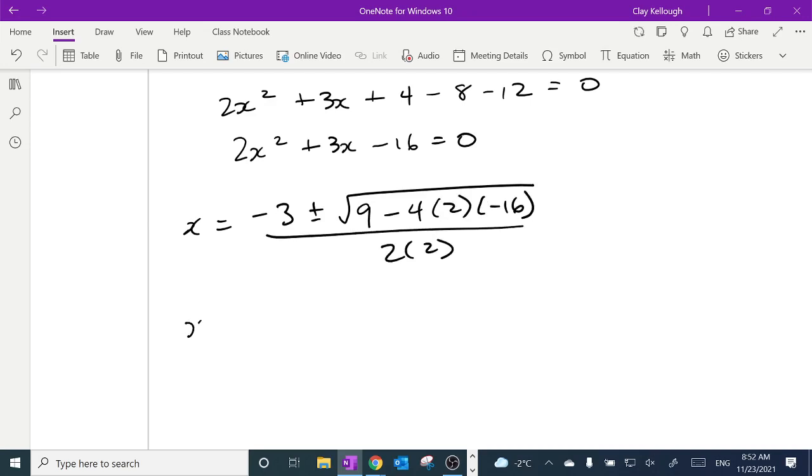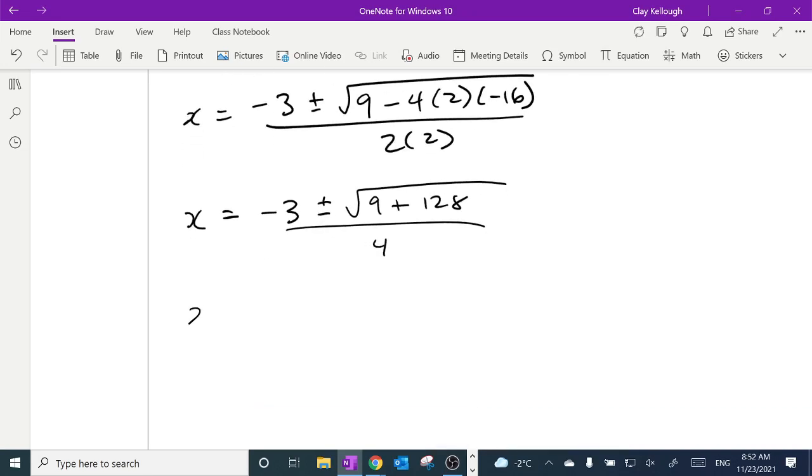And that's minus 3 plus or minus the square root of 4 16s is 64. 64 doubled is 128. The negatives will cancel, so it'll be 128 plus 9, all over 4. And I don't think this one simplifies the way the other one did. I think this one's just done, right? Because I don't think there's any perfect squares in 137.